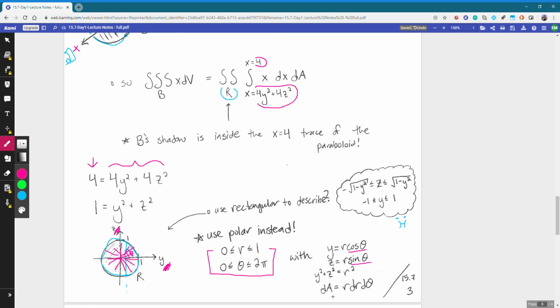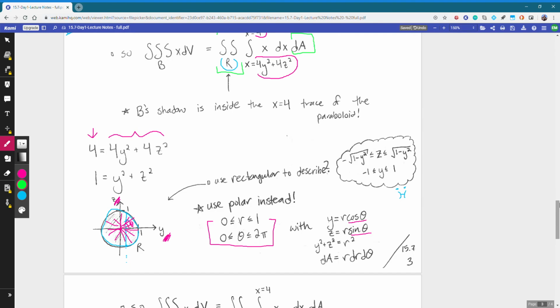And dA, as always, becomes r dr d theta. We'll use these to help us set up the rest of the integral. So let's go ahead and fill in the rest of our limits of integration and also work with our dA, using what we found about the shadow here. Okay, so moving on down.